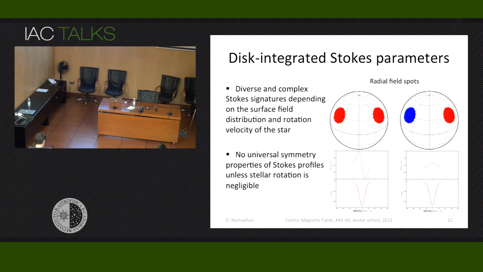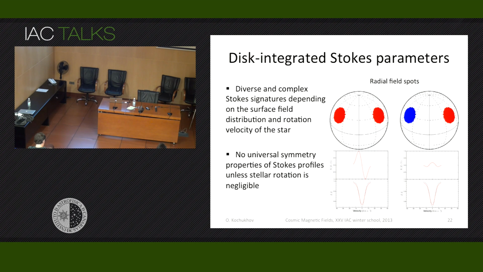If I have a very simple situation, two spots with radial field, and I integrate over the surface, I get some Stokes I and Stokes V signal. But if I take radial field spots with a different orientation, like shown here, the resulting Stokes V parameter after summing up over the visible surface looks completely different. That's how it will look.